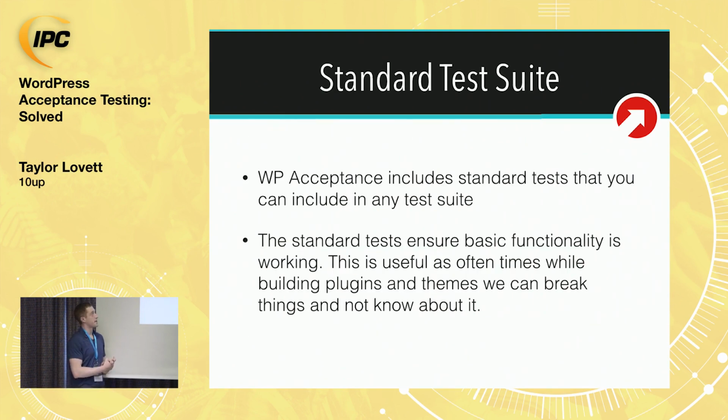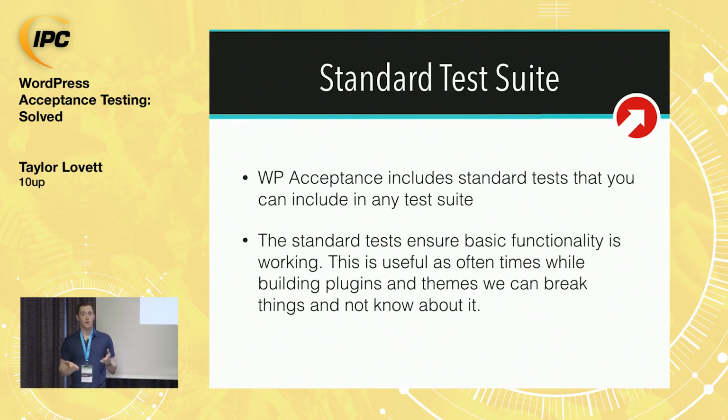WP Acceptance has something called the standard test suite, which I think is really cool. These are standard tests that you can include in your application, mostly associated with WordPress. As we build plugins and themes, we want to make sure that they aren't breaking core WordPress functionality.